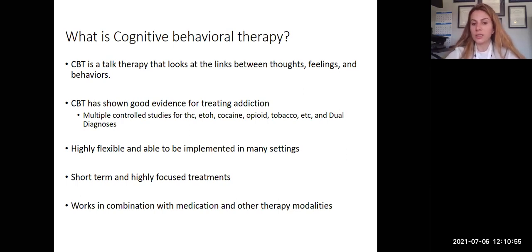There have been numerous studies that used CBT models for almost every type of substance, and for patients who are dually diagnosed, meaning they have a mental health condition and a substance use issue. The nice thing about CBT is that even if you're not implementing the full protocol, it is highly flexible. You can pull out different techniques, like some of the ones I'm going to talk about today, and implement them in many different settings.